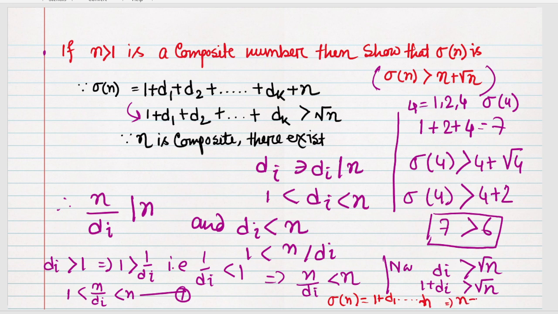That means n plus root n, which concludes our proof that for any n greater than 1 that is a composite number, sigma of n is greater than n plus root n.